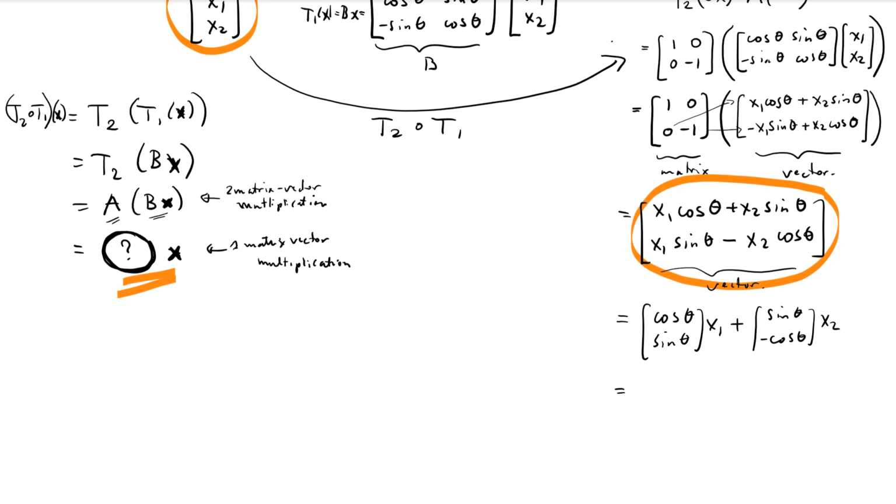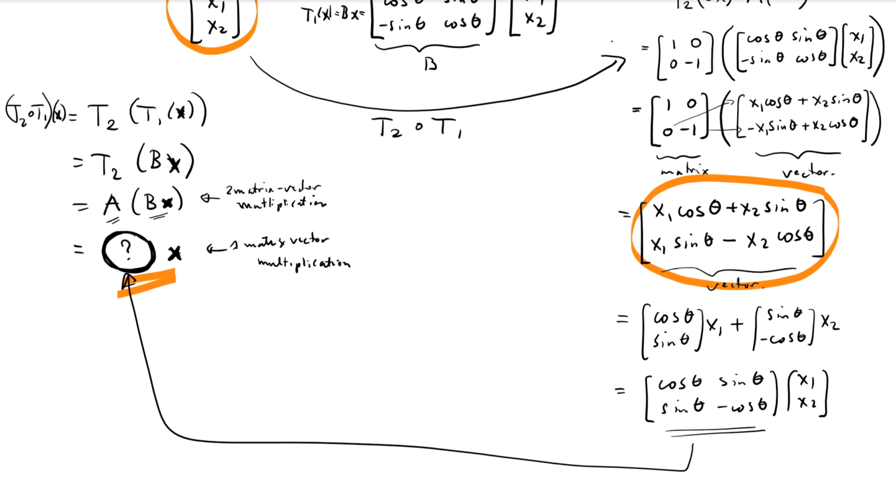So I've got a linear combination. So this way I can write it as a matrix vector product, with the matrix times x1, x2. And that's exactly the matrix I'm looking for. So this is the matrix I'm looking for here.